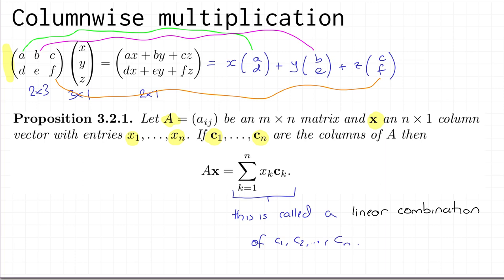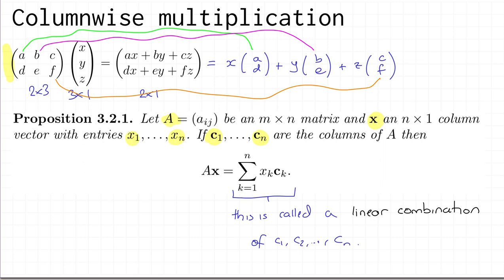In general, whenever you've got a collection of column vectors of the same size, or row vectors of the same size, or matrices of the same size, or whatever, and you multiply those things by scalars and then add up the results, that's called a linear combination of your vectors or your matrices.